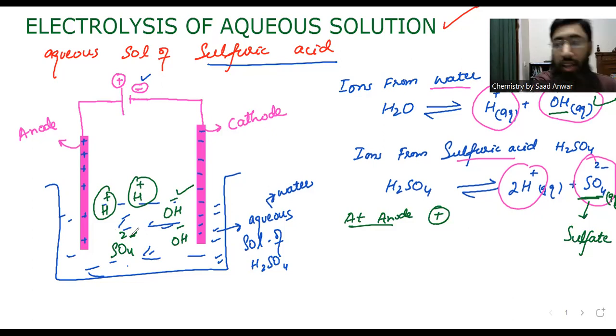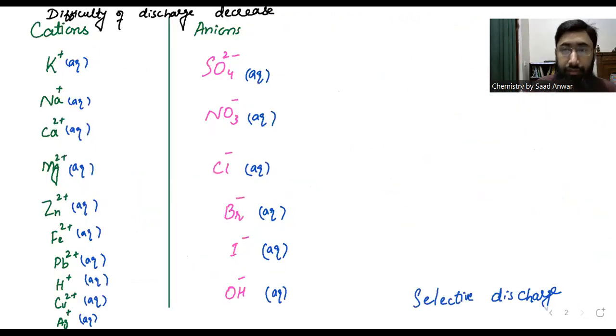In this case, there is a race, a competition between hydroxide ions and sulfate ions to reach the anode earlier. And which ion will reach the anode earlier? The answer to this question will be given in this series.